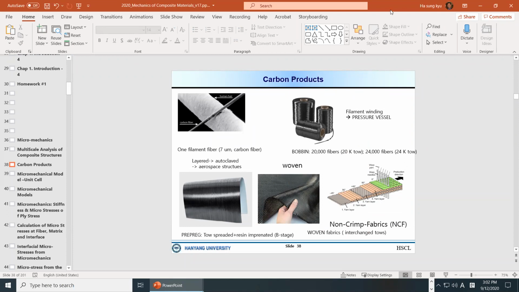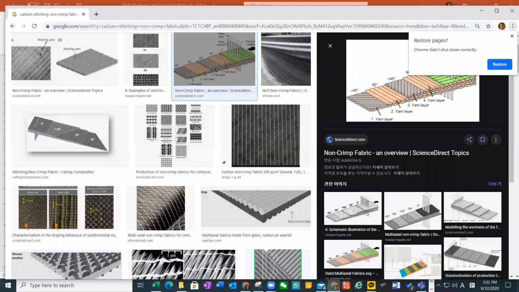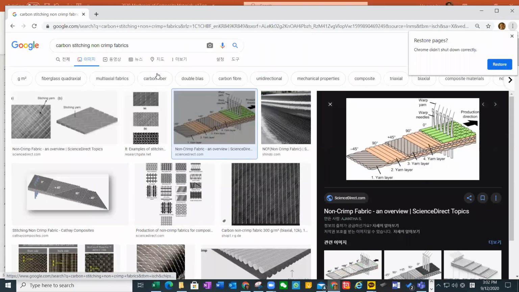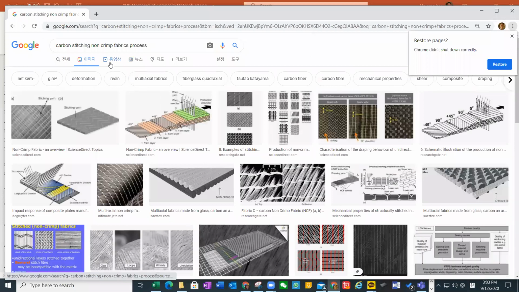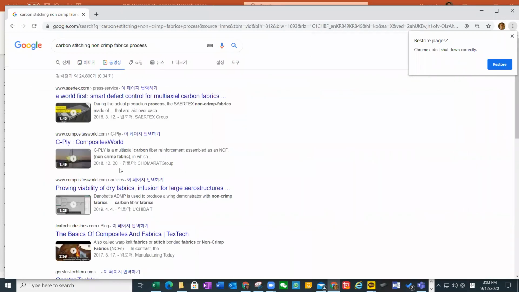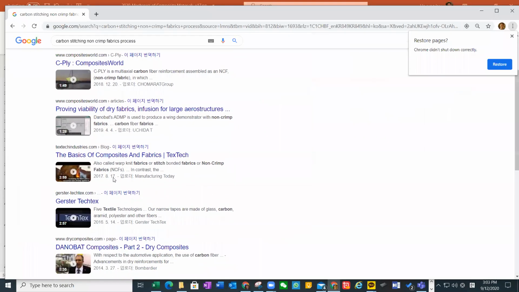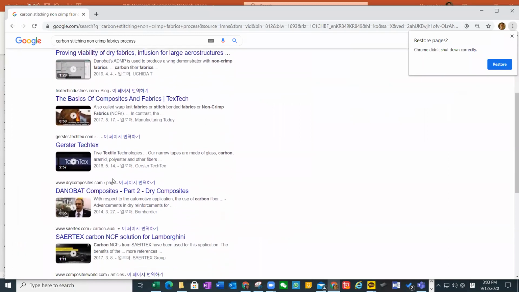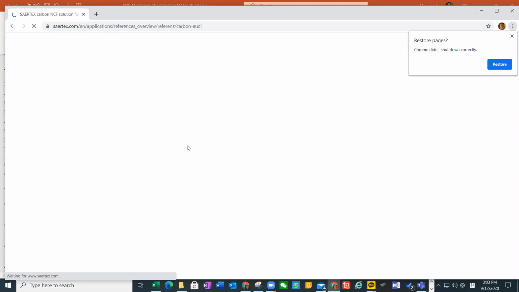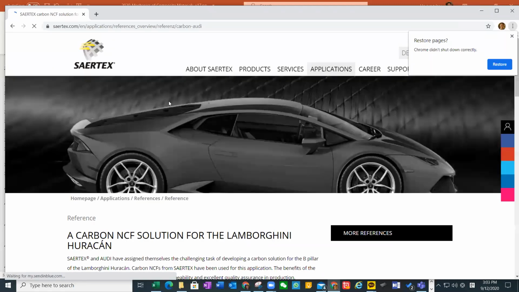Since we are introducing these different forms of composites, we can easily go through. So this one is the NCF.